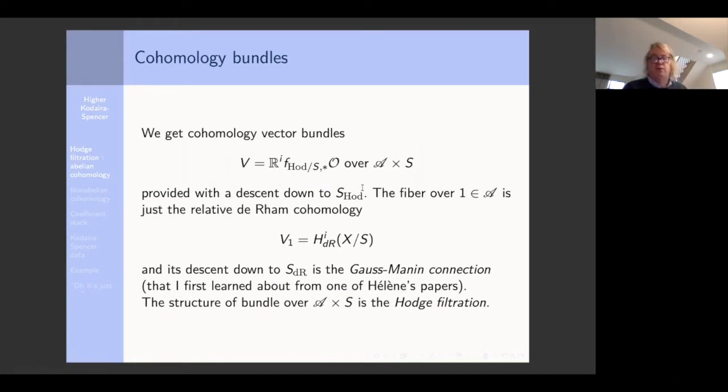Now the fiber over 1, if we restrict to 1 cross S, is just the relative de Rham cohomology of X over S. And the fact that it has a descent down to S de Rham is the Gauss-Manin connection. The S de Rham is the fiber of S Hodge over 1.